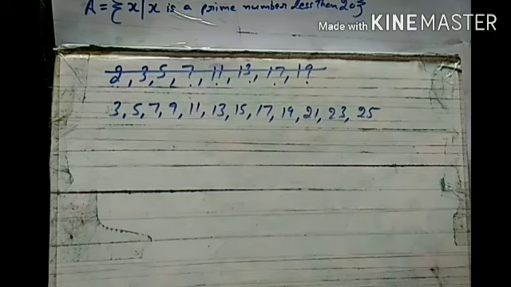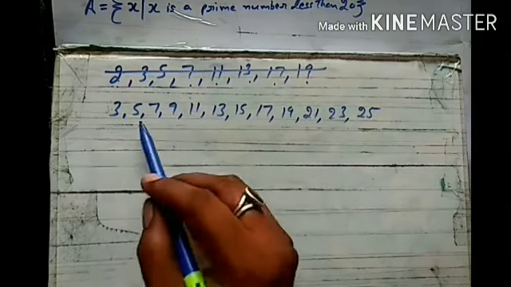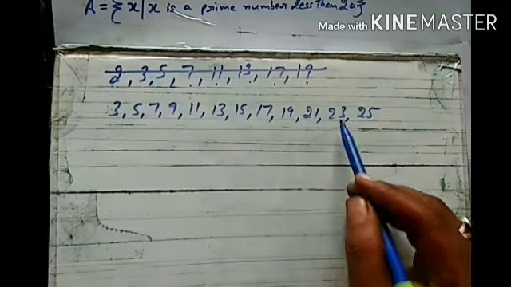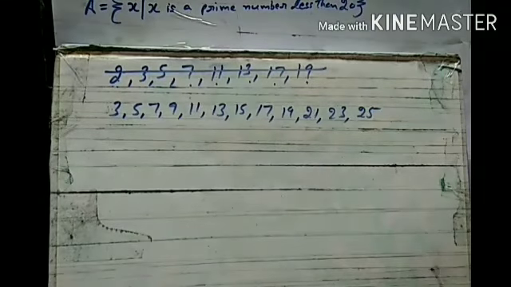That these are all odd numbers. Yes: 3, 5, 7, 9, 11, 13, 15, 17, 19, 21, 23, 25. These are all odd numbers and they are less than 27, and also greater than 1. All odd numbers greater than 1 and less than 27.